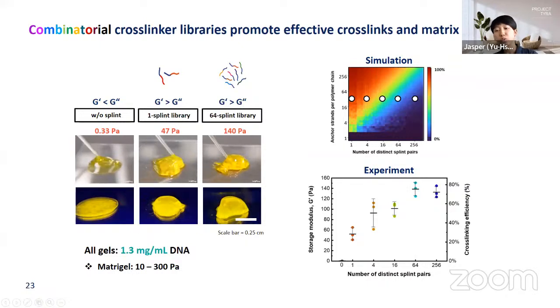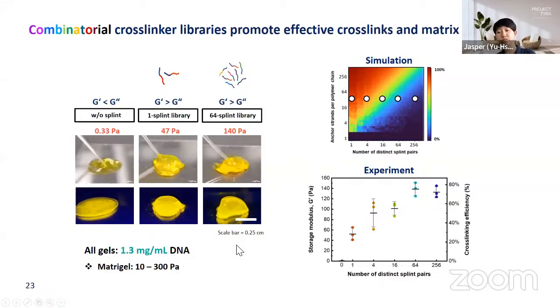This combinatorial approach represents a unique way of controlling matrix elasticity without changing the cross-linker concentration. Simply by changing the cross-linker diversity, we can change the stiffness from 40 to 140 Pascal, and this is comparable to what Matrigel can give us in this range.